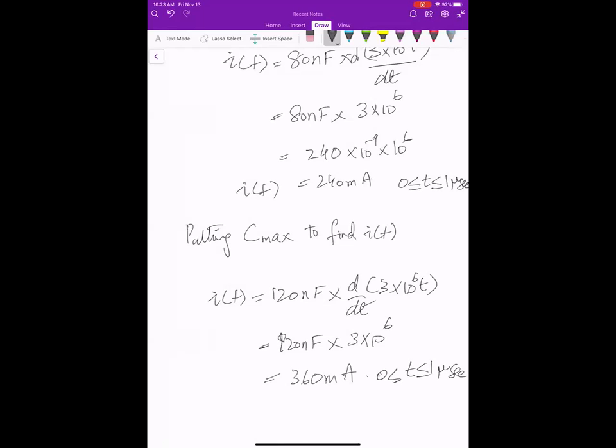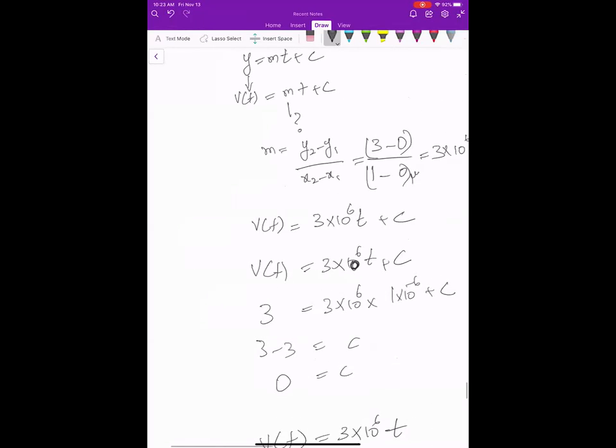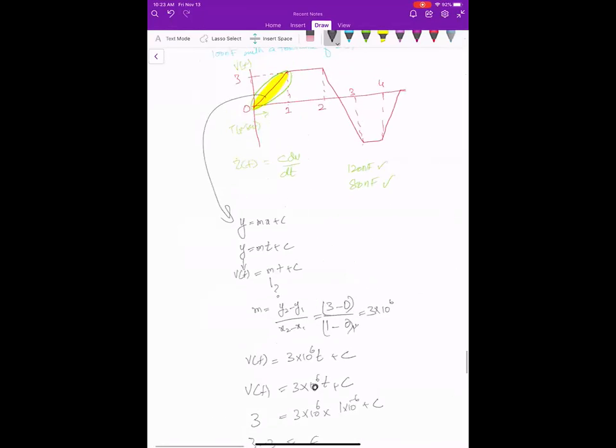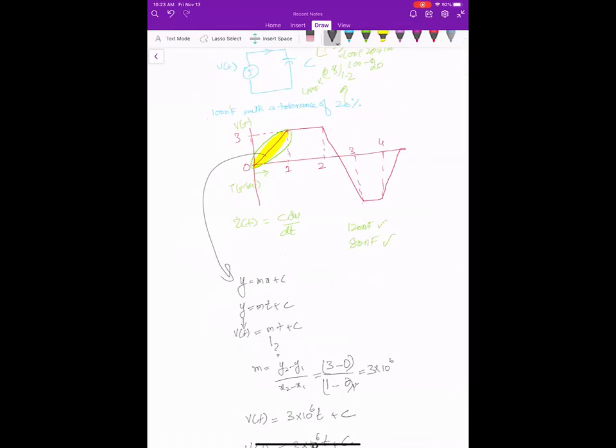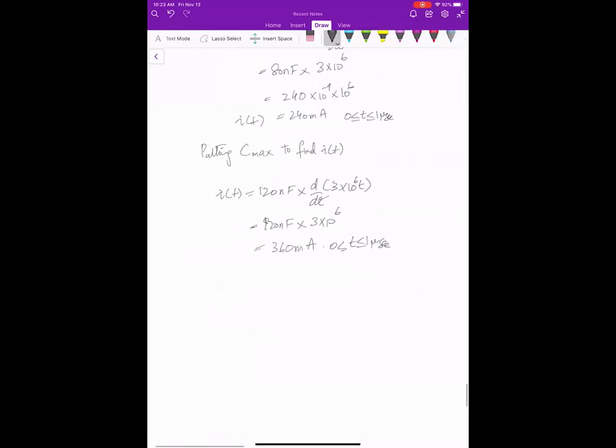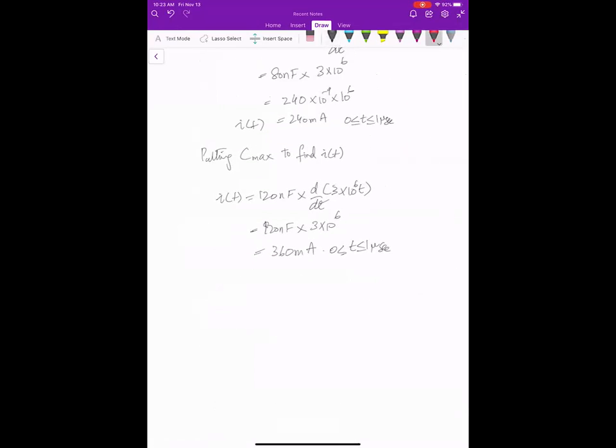Okay, sounds good. So now I know that if I plot the current waveform from 0 to 1, it has given me the values.